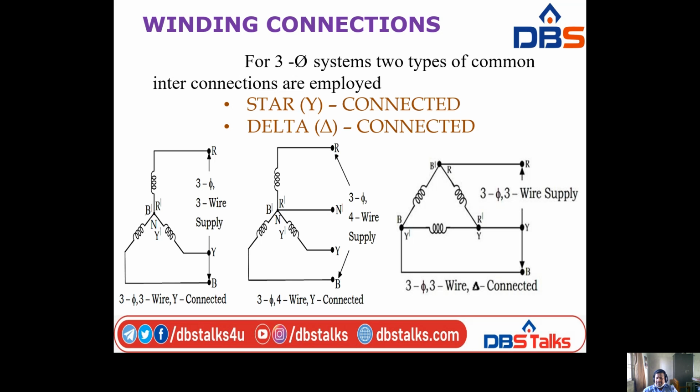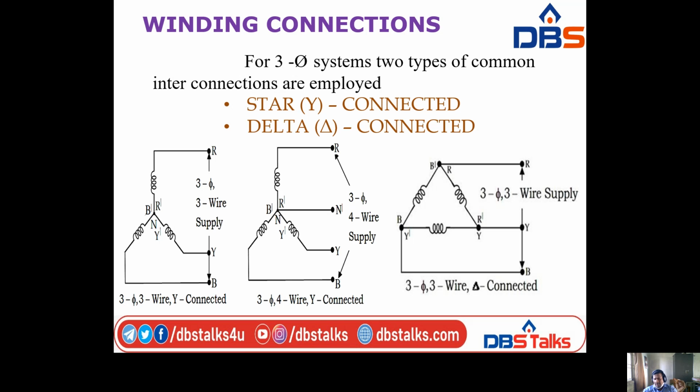One side of R is connected to the other side of B, and the other side of R is connected to one side of Y. That means R B dash meet at one point, R dash Y meet at one point, B Y dash meet at one point. All three phases are bunched together to form a delta connection.